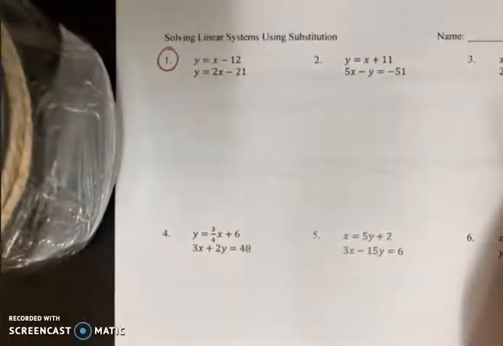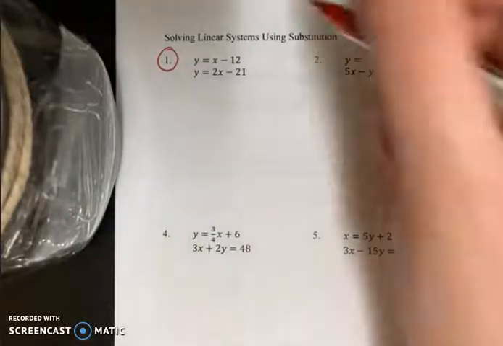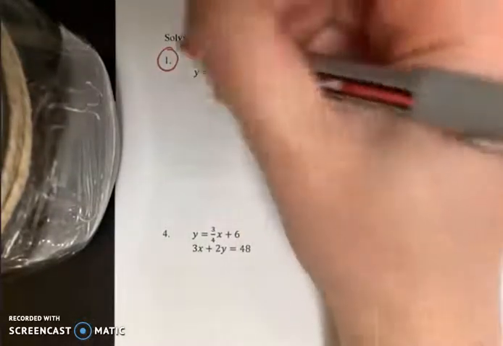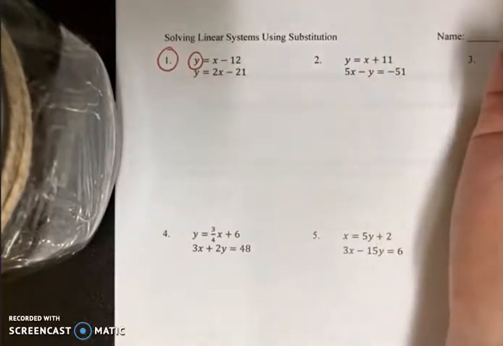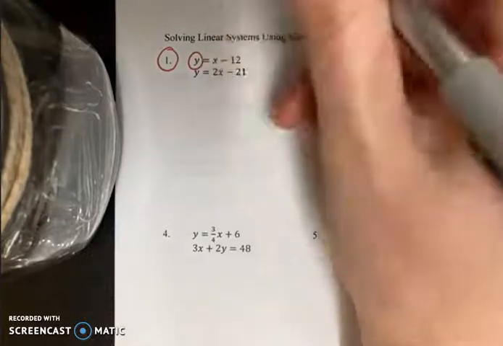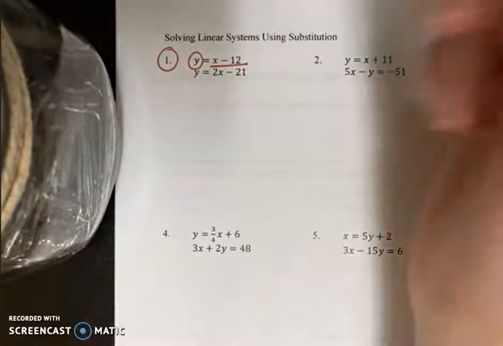The first question I'm going to go through with you is number 1. So for substitution, we're taking a variable and plugging it into the other equation. When I look at number 1, I have y is equivalent to x minus 12. So that means y can be substituted with x minus 12.